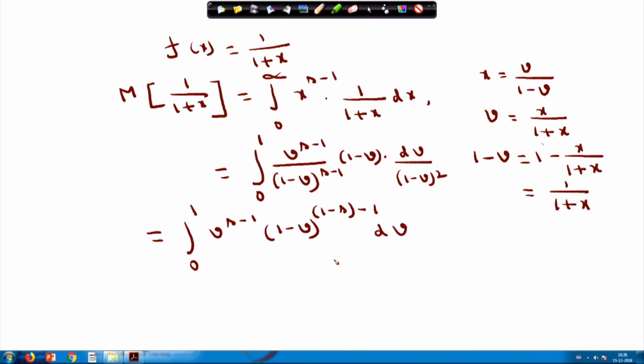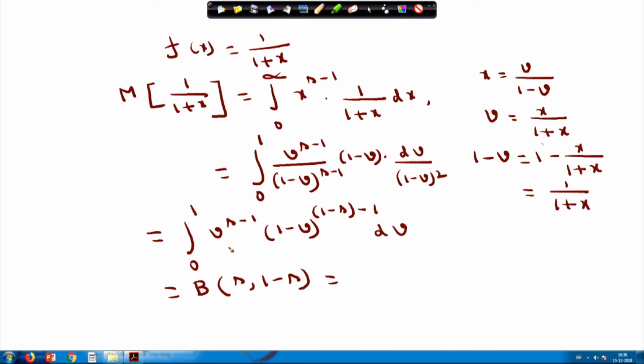Again, this is a well known function. The value of this integral from 0 to 1 is basically of the form x to the power m minus 1 into 1 minus x to the power n minus 1. So, this is a beta function, beta s comma 1 minus s.